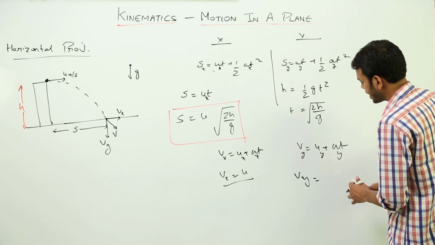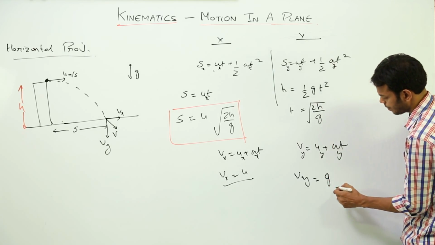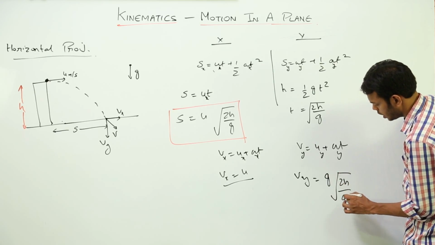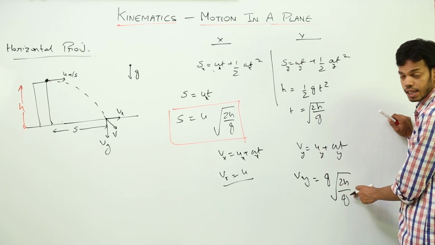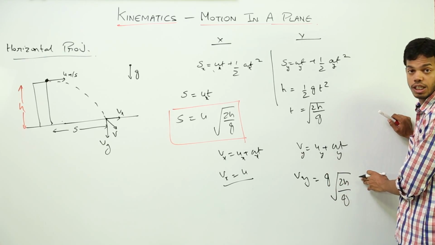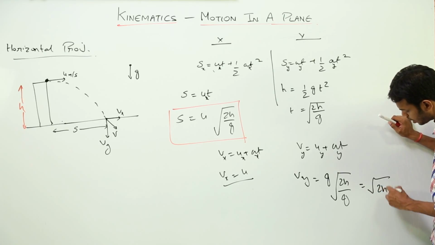Here we have a value of acceleration along y-axis, which is g, and t is under root 2h upon g. This root g and this g, they can cancel each other, right? If I take this g inside, it will be g square and g goes, so I'll be left with under root 2hg.